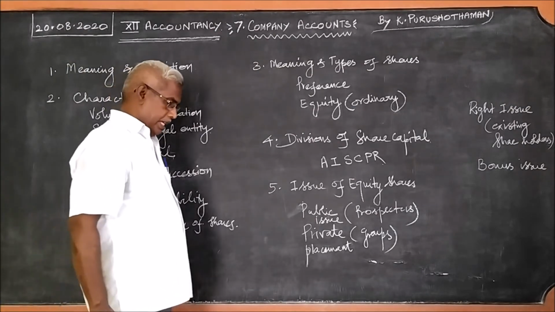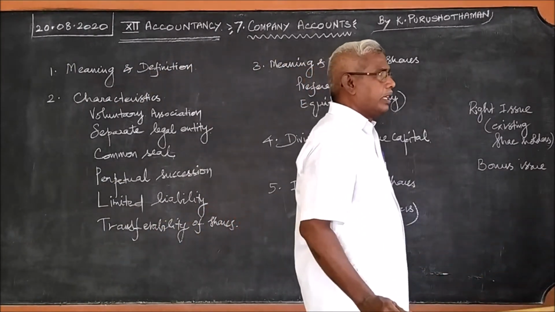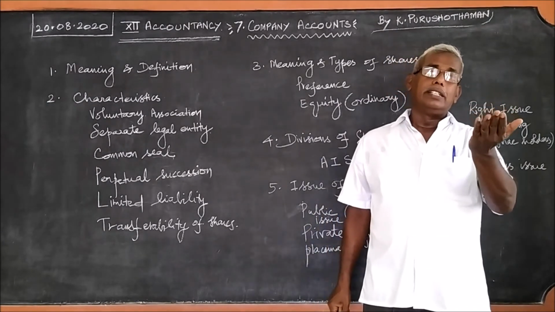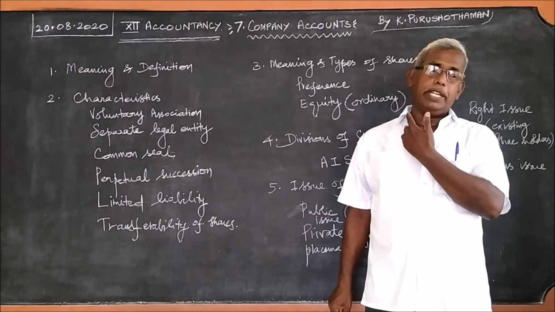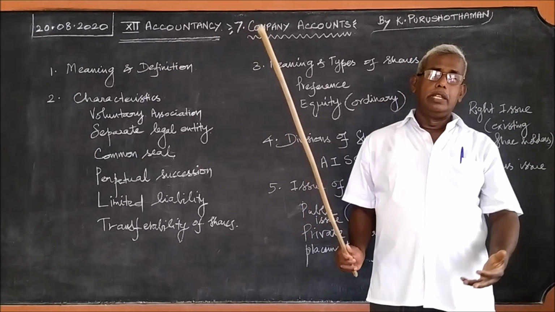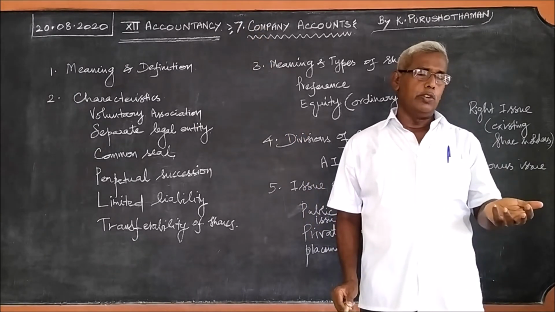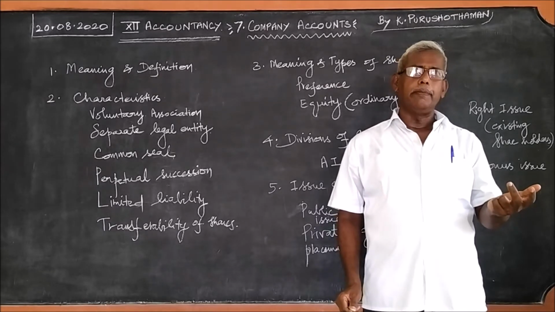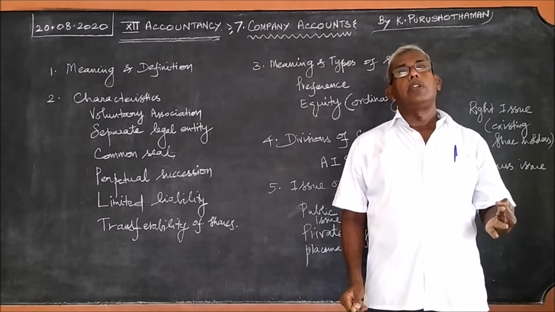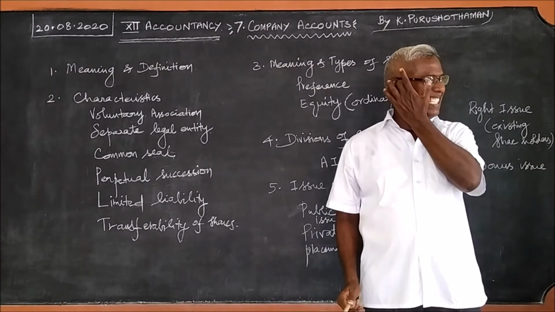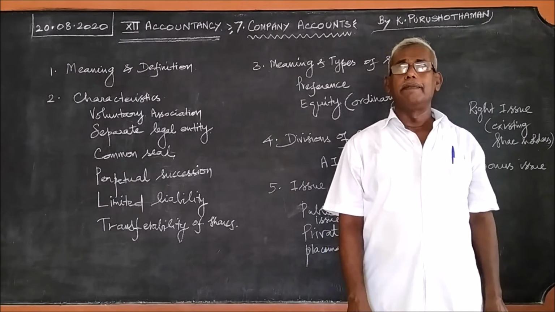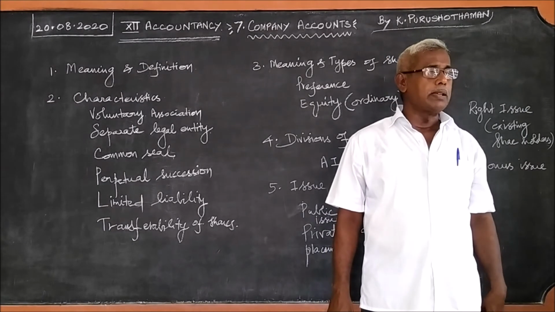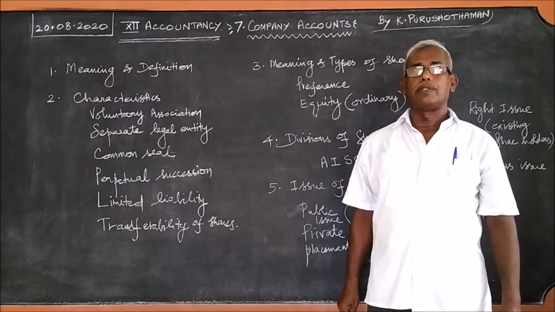And there is a difference between the first three types of organization and the company, the joint stock company. What are the first three types? Just now I said, joint Hindu family business, sole trading, partnership. These are all business organizations which cannot be separated from the owners.